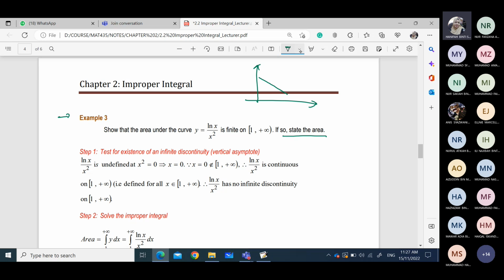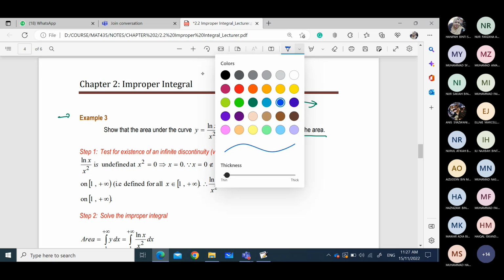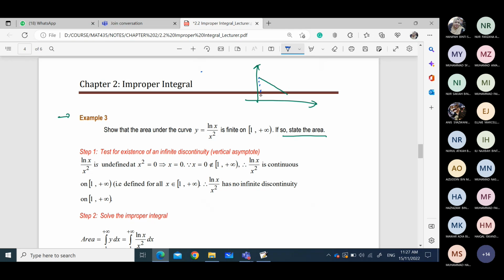Okay, so you perlukan nilai x dan juga y. Okay, so this one, how to find this one? Kecerunan, m, is equal to y1 minus y0 over x1 minus x0.